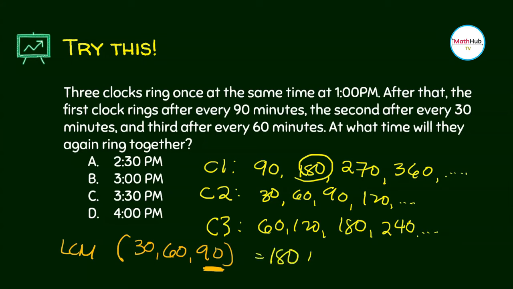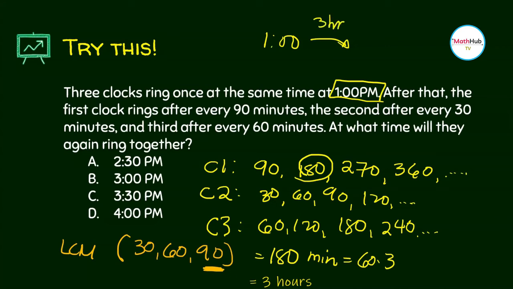What is 180 minutes? 180 minutes is 3 hours because this is 60 times 3. If they all started at 1 p.m., after 3 hours, that's already 4 p.m. The answer is letter D.